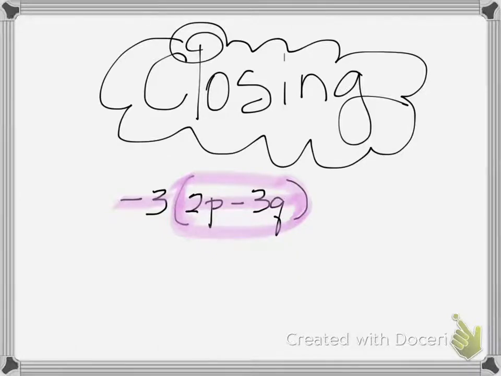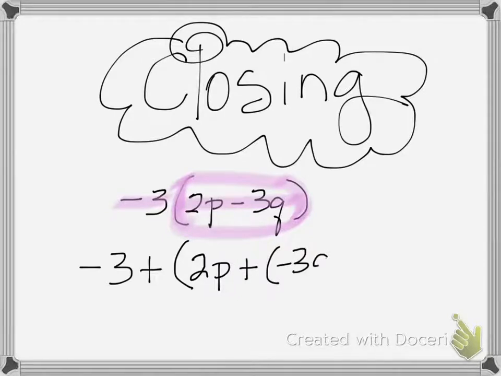We multiply that factor by negative 1, and to do that, when we're using our distributive property, remember that we had our negative 3, and then we did plus, and then we had our 2p, and we added that to a negative 3q.